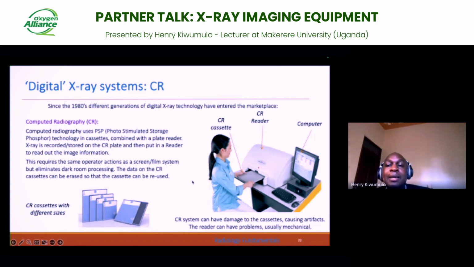So basically, the advantage here is there is no need for a darkroom, for those of you who have worked with radiology equipment. You don't need to process your image in the darkroom. You just take your X-ray image, and of course it's read by the reader, and as it's read, the image is sent to the computer and mapped out.